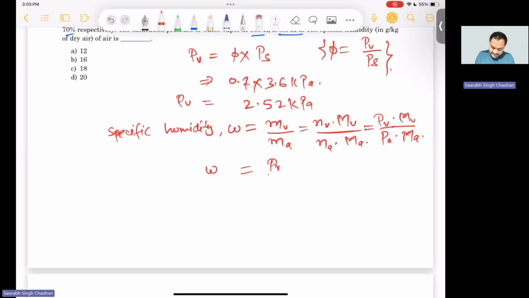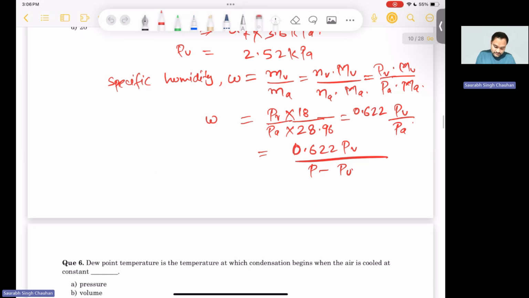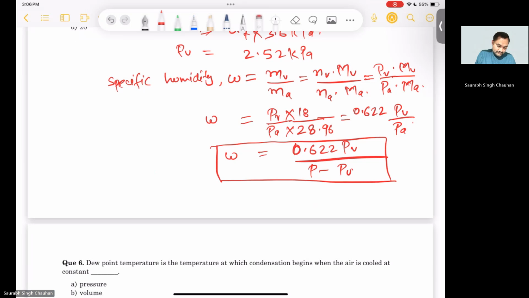So you can write 18 divided by 28.96. Calculate this and it will come out to be 0.622 PV divided by partial pressure of air, and partial pressure of air is nothing but total pressure minus partial pressure of water vapor, right? So partial pressure of water vapor you have calculated. This is a very important relation. We will use it again and again, so I will just highlight this.